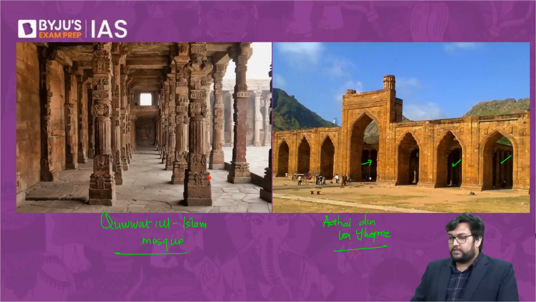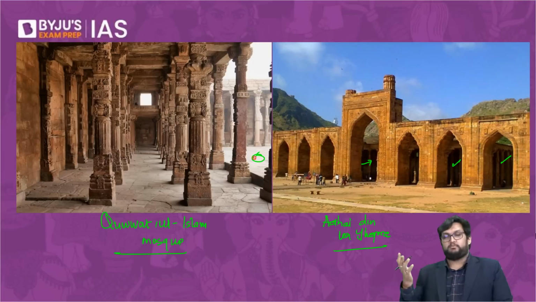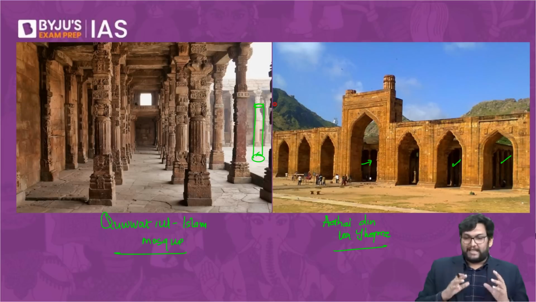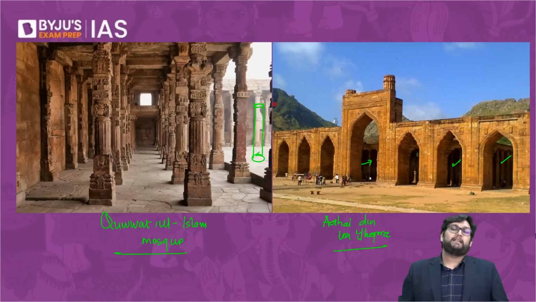In Mehrauli, in this courtyard, you have the iron pillar, and the iron pillar therefore gave an idea to Qutbuddin Aibak later also. But Quwwat-ul-Islam Mosque, as soon as you see it, you will automatically realize that it is a temple because of the pillars and the carvings itself.